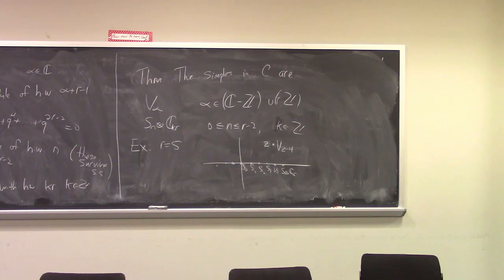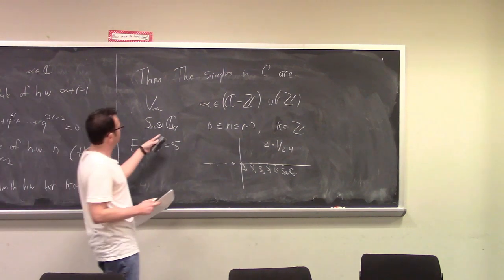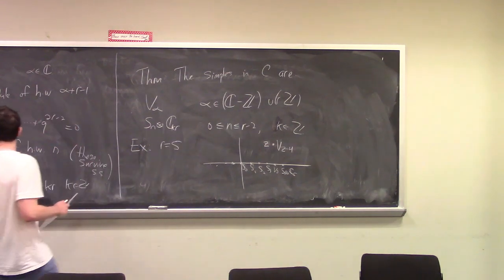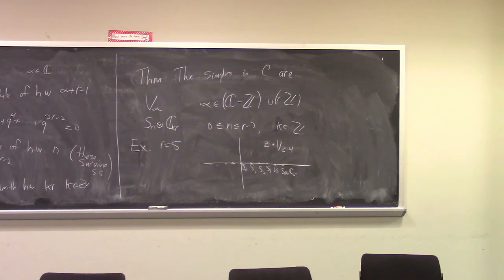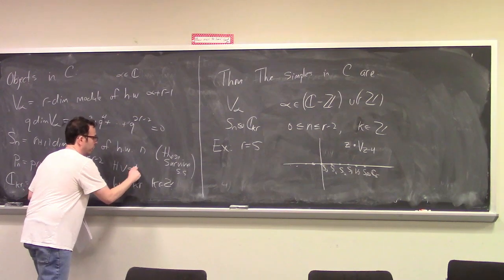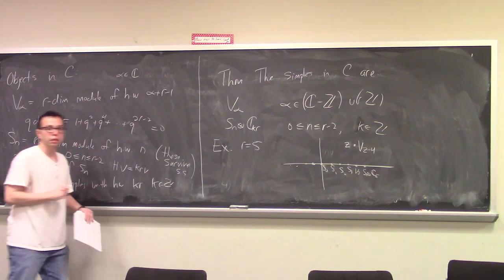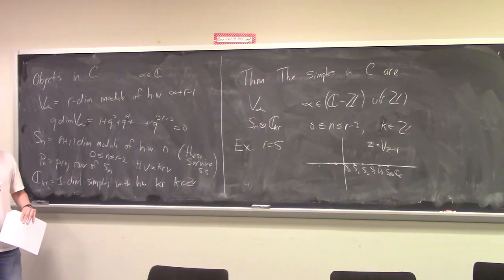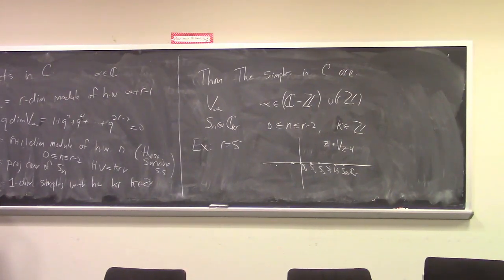I'm sorry, just C_kr. C_kr, so that's complex numbers. By definition it's a one-dimensional module with some basis vector, let's say v, where H v is kr v. Okay, but the S_n's by themselves are irreducible.